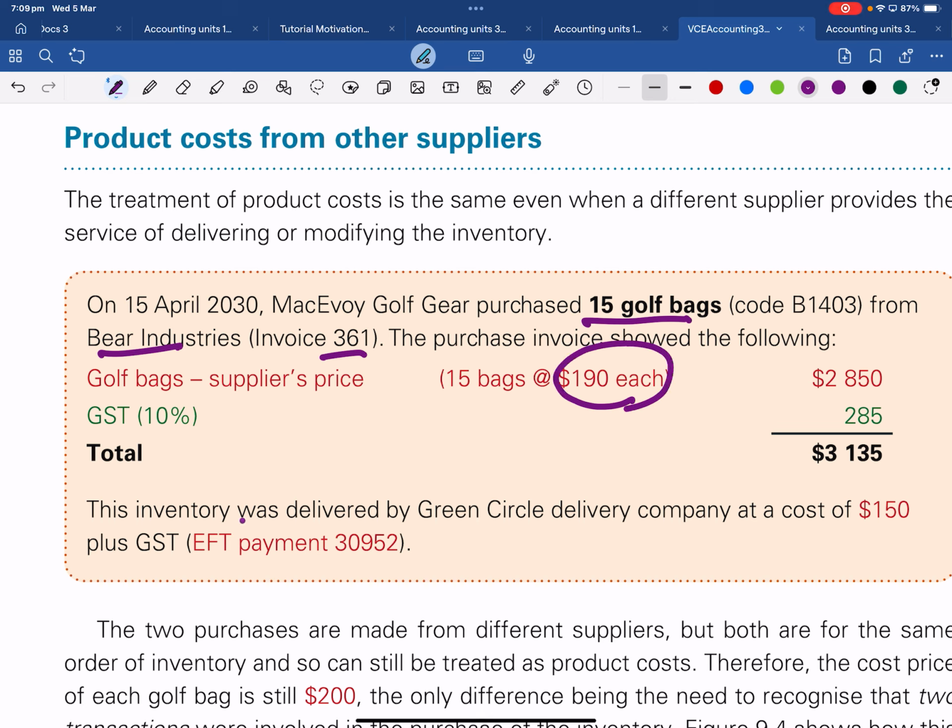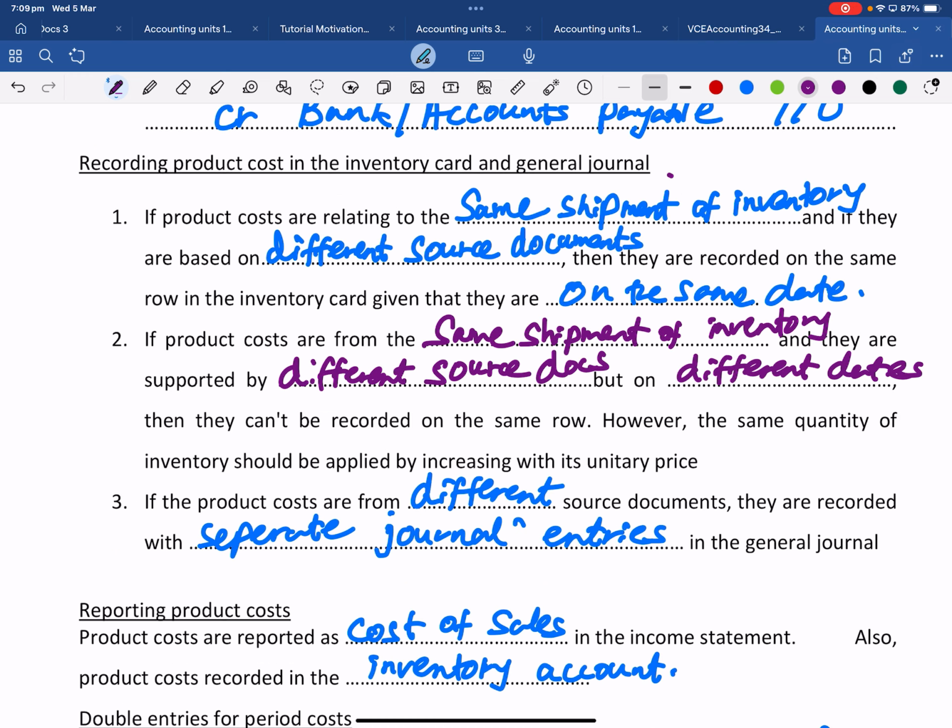Except this inventory was delivered by Green Circle at a cost of 150, EFT payment. Is it the same date? Yes, 15th April. It's the same date but two different source documents, for the same shipment. That's what I was going to give you.